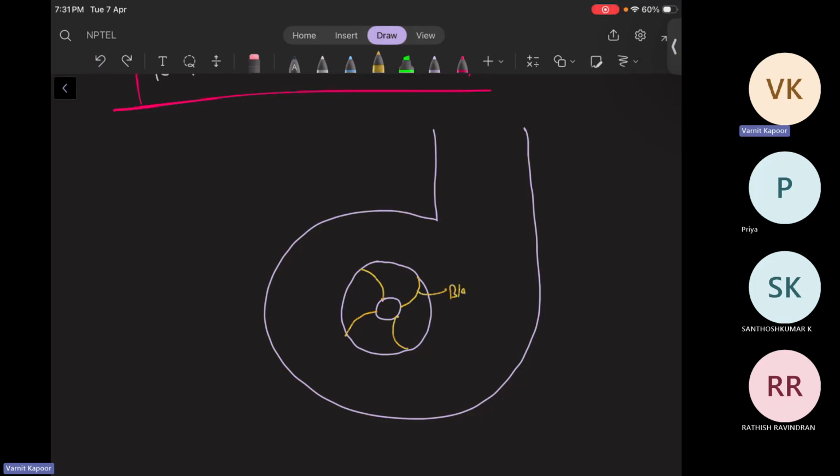And there is a diffuser which is surrounding it, and the diffuser itself has some blades over it. And then we have a casing like this.